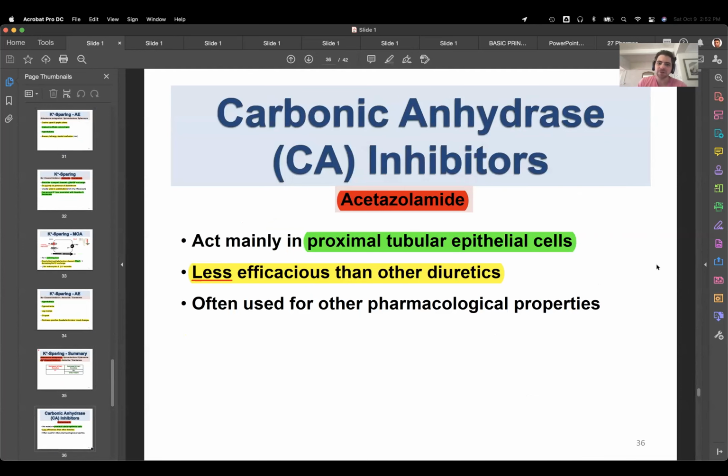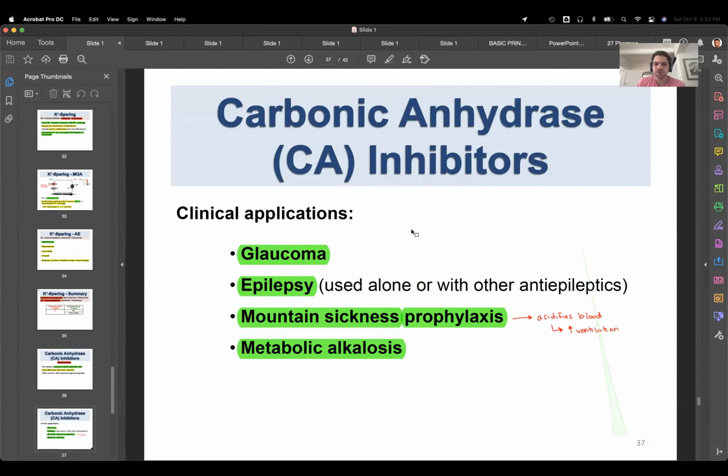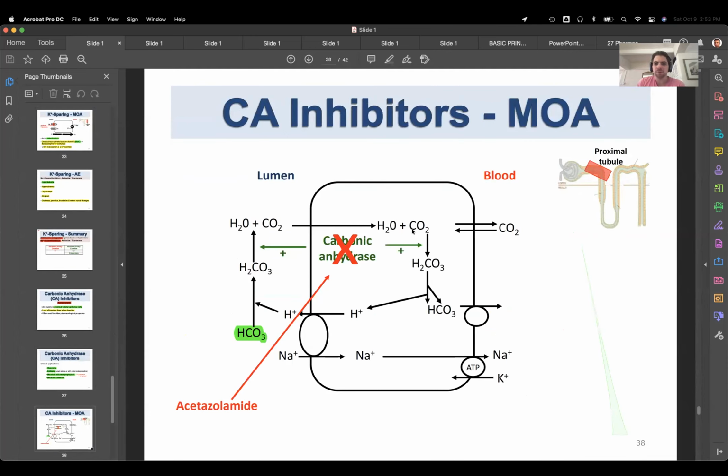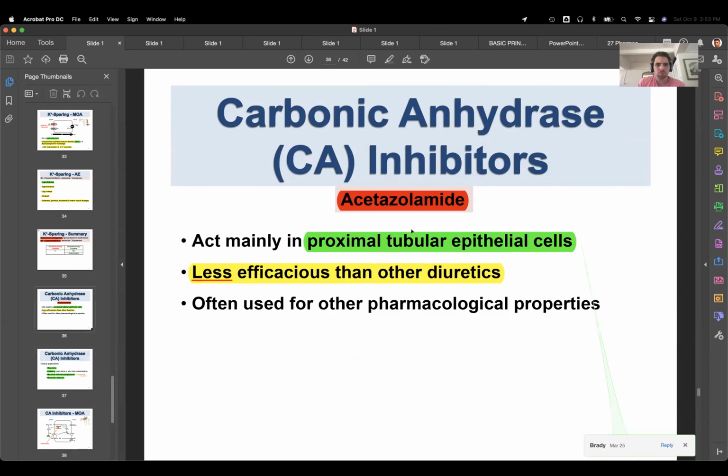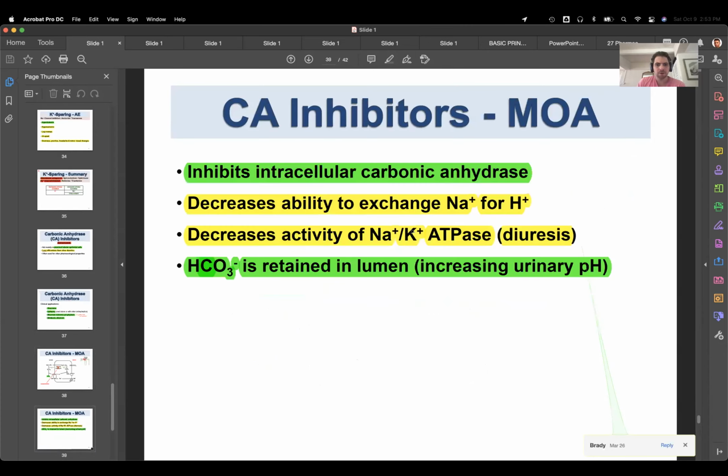And then carbonic anhydrase, acetazolamide, basically just helps to prevent bicarb. You pee out bicarb, right? It's retained in the lumen. Yes.